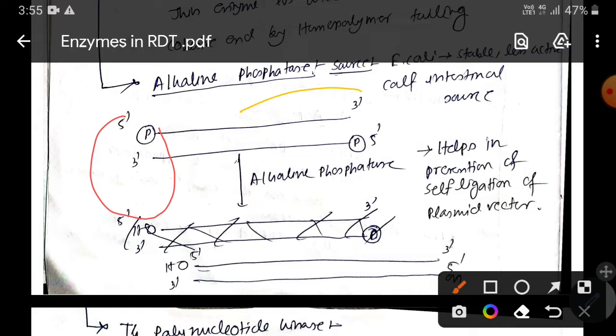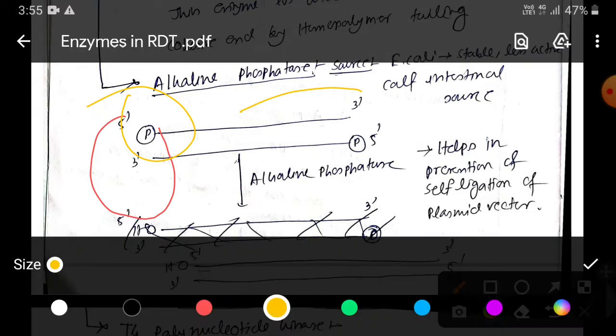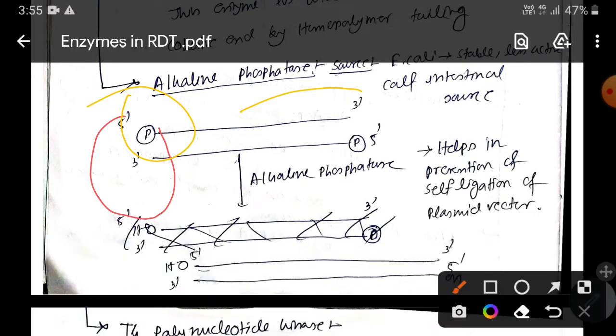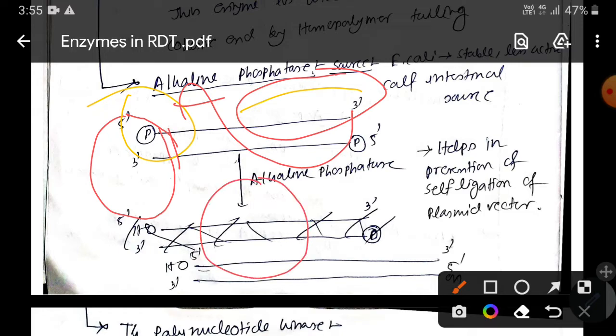As the plasmid is also opened, in the presence of ligase it shows an affinity for self ligation. That means instead of joining with the DNA of interest, it will prefer to join with itself, right?